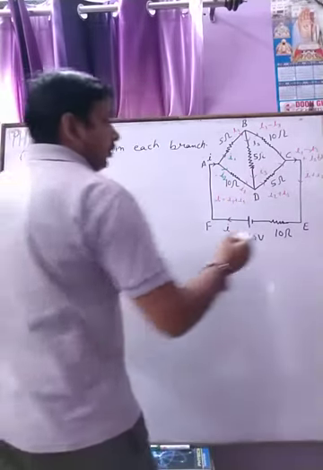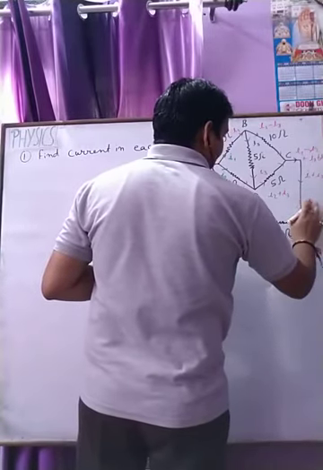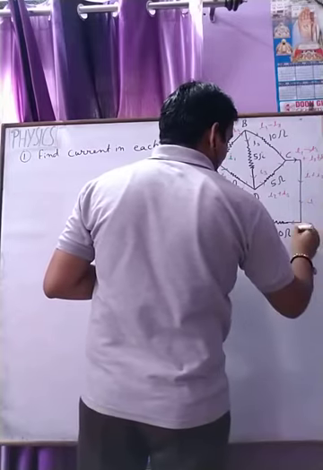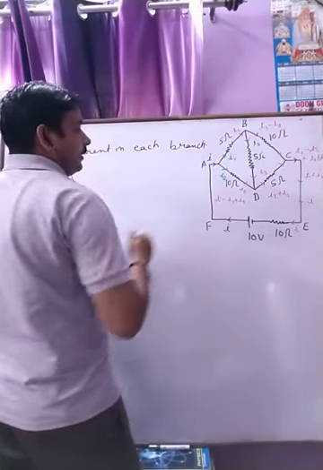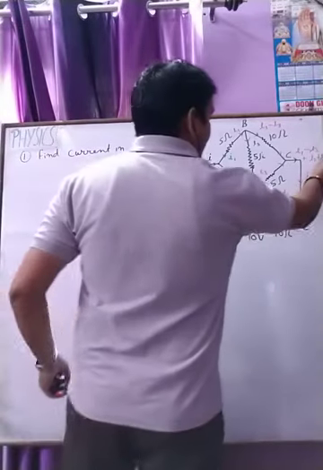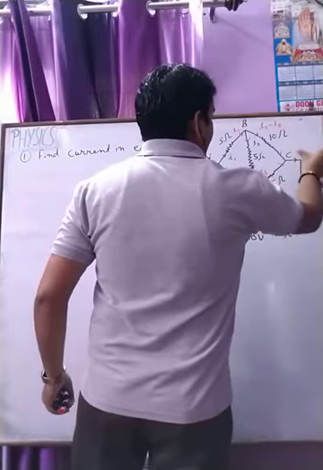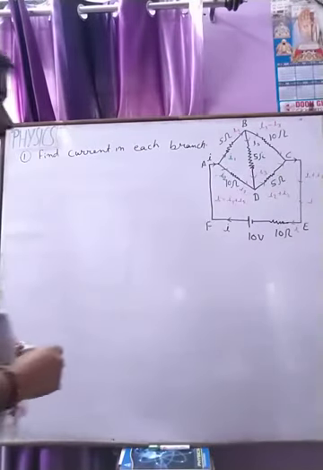This current I moves from E to F and enters the negative terminal of the battery. So this is the distribution of current in the branches.